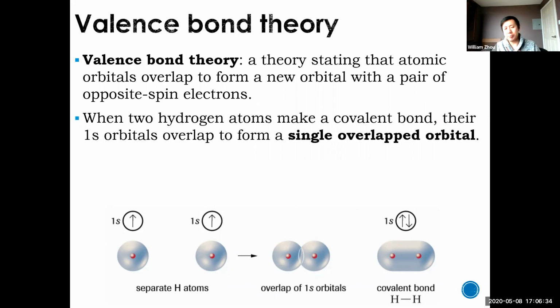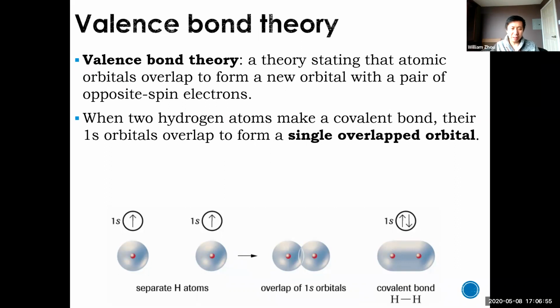You have two separate hydrogen atoms. They both have one electron each, so they both have an up spin. When they try to make a bond to form H2, those two orbitals will come closer, overlap, and form a single orbital, the single overlapped s orbital.